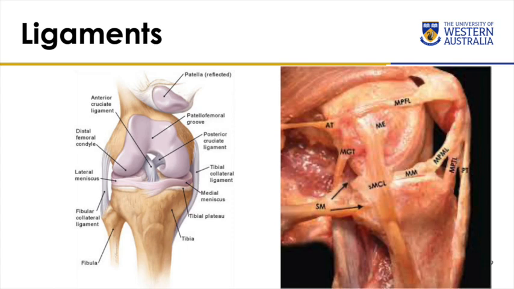Other important ligaments, pictured on the right, include the medial patellofemoral ligament, which is important for patella stability. There are many other ligaments of lesser importance, but I won't go into them for the interest of time.